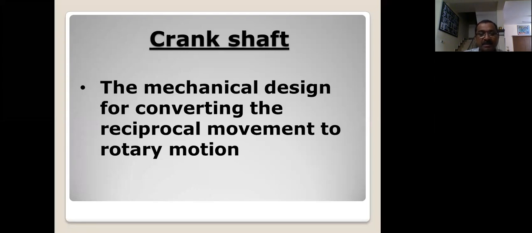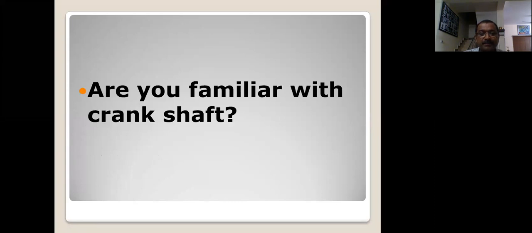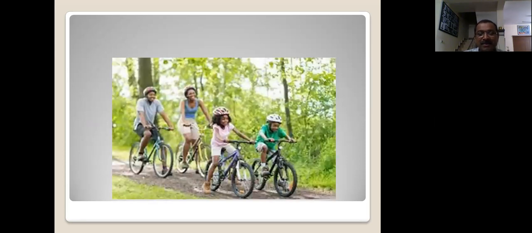Satish, next. So this question I asked earlier, and Avinash answered me the right thing. Okay, Satish, the next question. You are familiar with a crankshaft. A crankshaft is there in your bicycle.